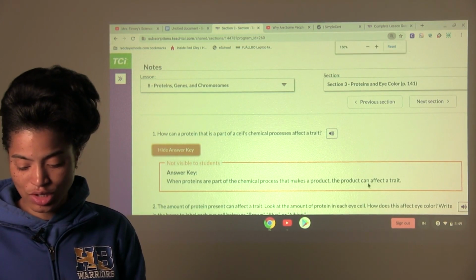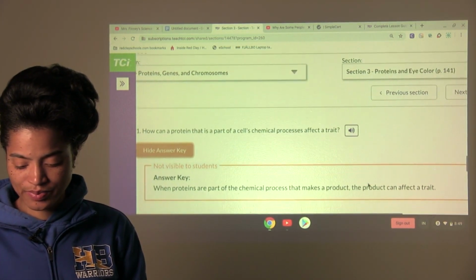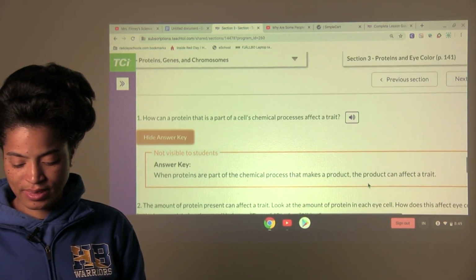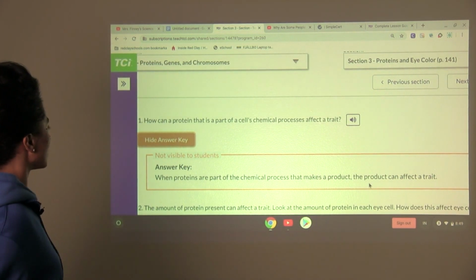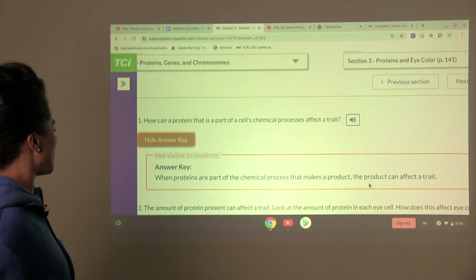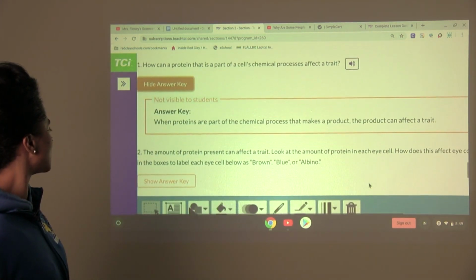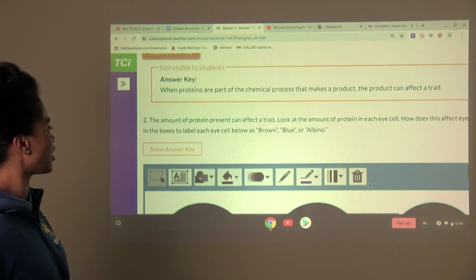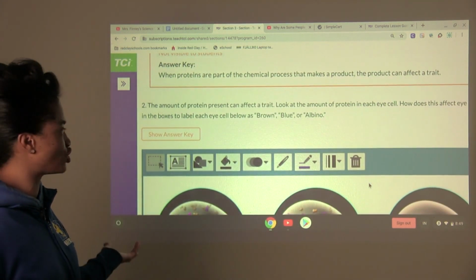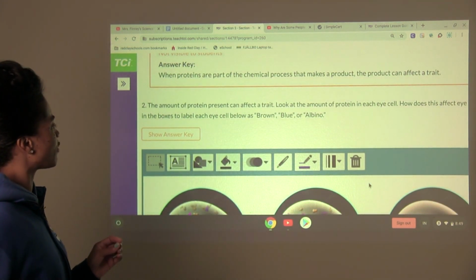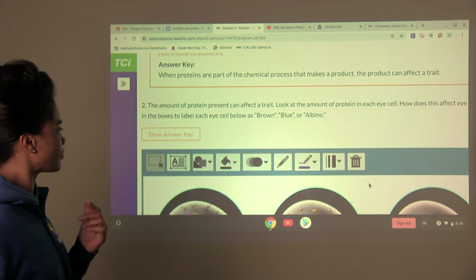All right, I'm going to enlarge this so you can jot this down. Next piece. The amount of protein present can affect a trait. Look at the amount of protein in each eye cell.